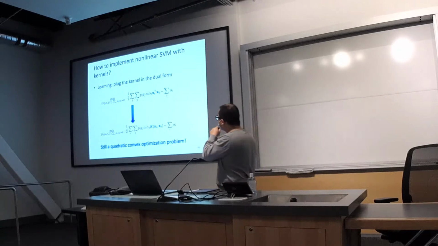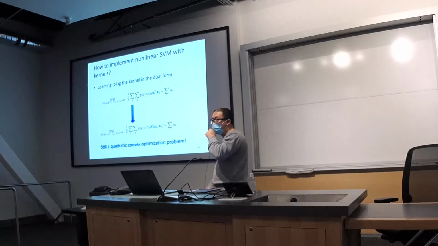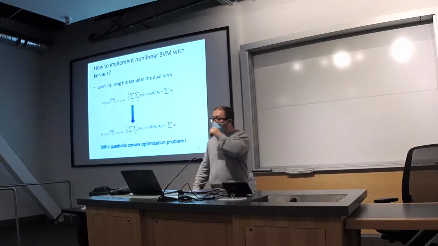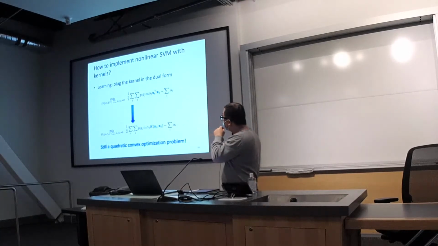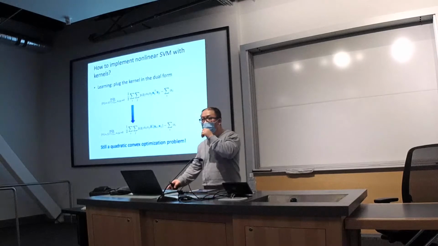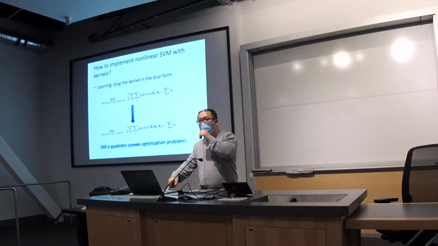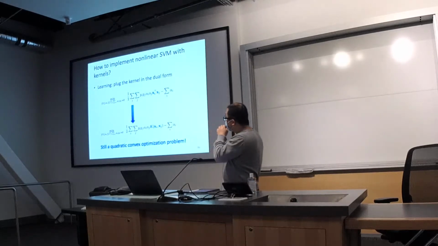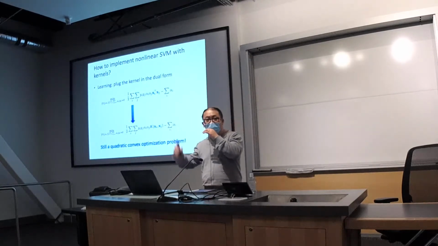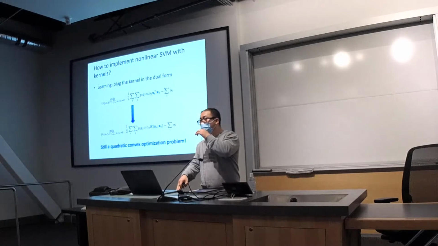First of all, we discussed last week that if we want to extend our SVM to be capable of nonlinear classification, we need to seek the dual form. Why? Because in the dual form, it is easy to inject the kernel trick.